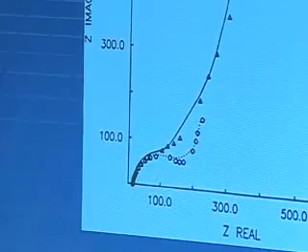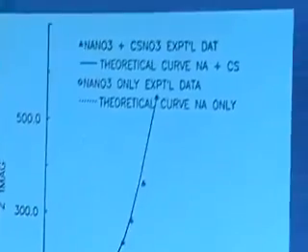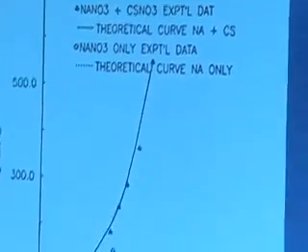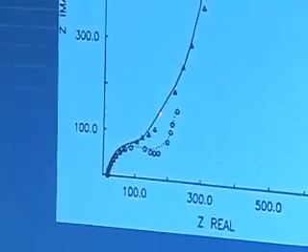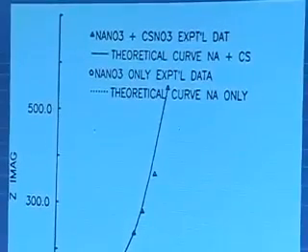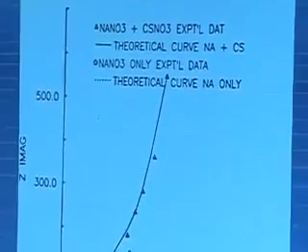That is with only sodium nitrate present in the supporting electrolyte. And then we have this solid line over here where we have a mixture of sodium and cesium ions present in the electrolyte and hence in the layer.